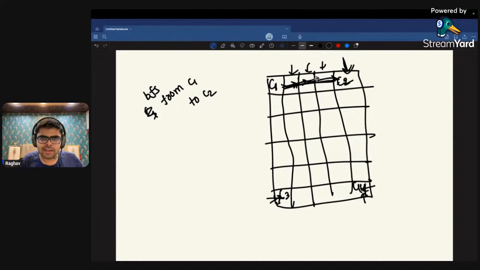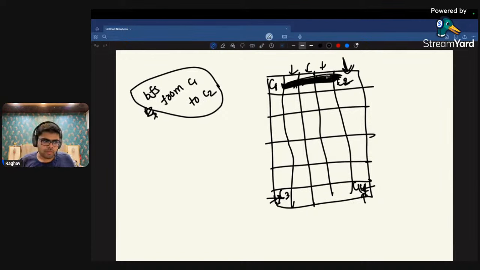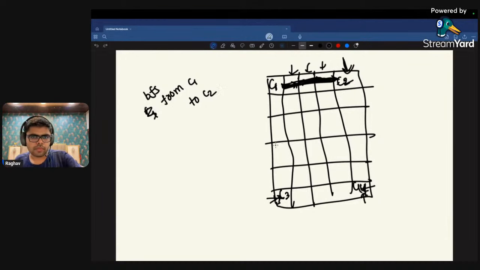Do you guys agree that this is the shortest path from C1 to C2? Whatever shortest path we get via the BFS from C1 to C2, it must be this path itself, because any other path from C1 to C2 would definitely be bigger. Guys, yes or no?